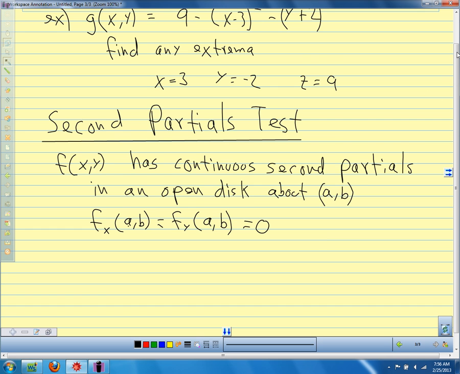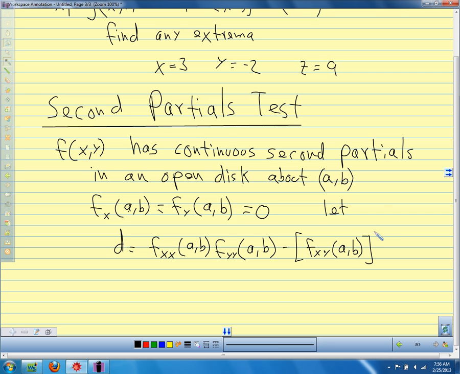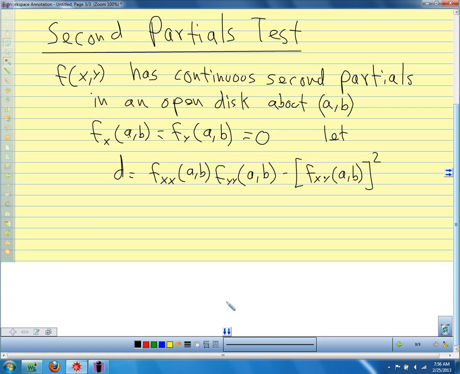We're going to define this quantity. Let D equal f sub xx, the second partial with respect to x, times the second partial with respect to y, minus the mixed partial squared.